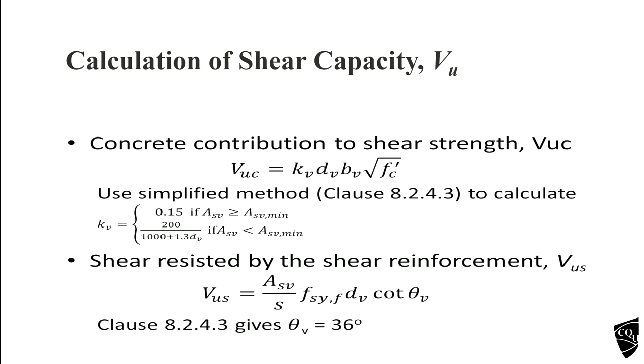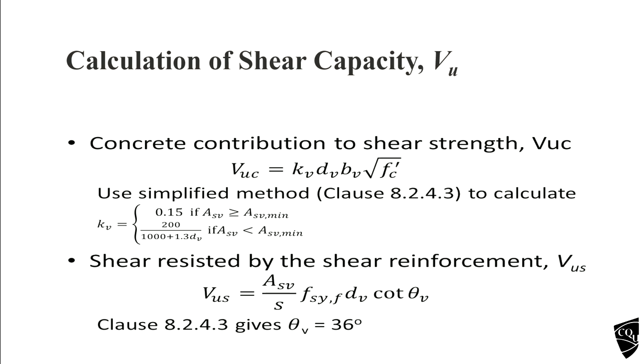The BV is the effective width of the beam. So if you have beams, the width of the beam is either B or BW. That is the BV component.